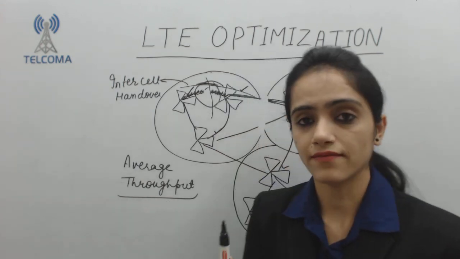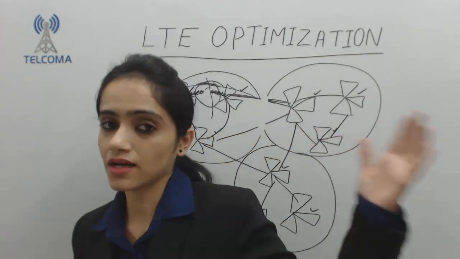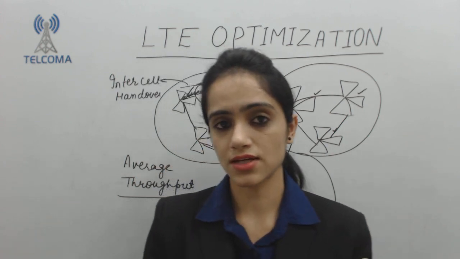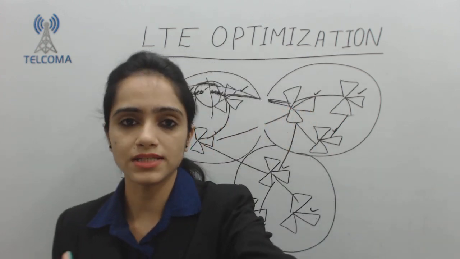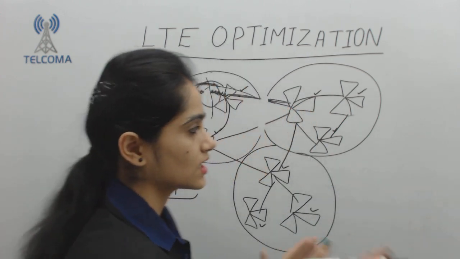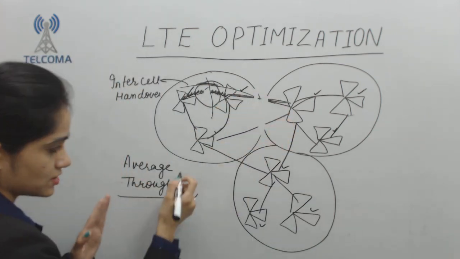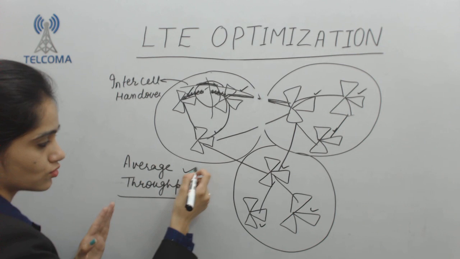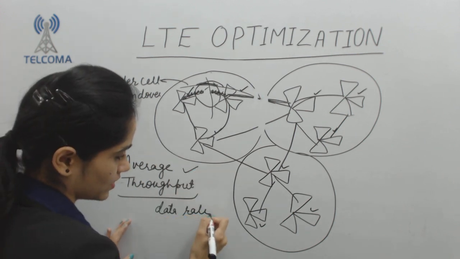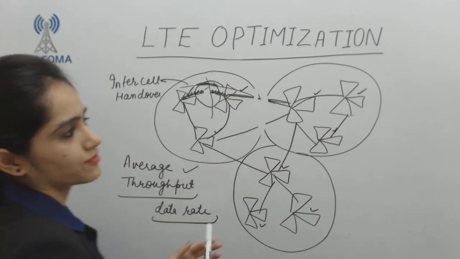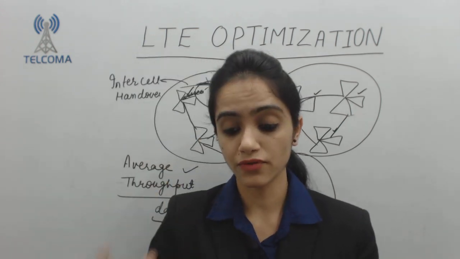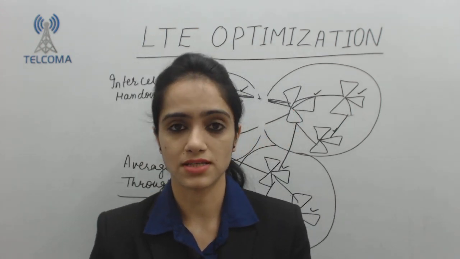But whenever we have mobility, that means we have a handover, so it is required that your data session should be maintained. So where you have a data drop, what is the average throughput data rate we are receiving? These are the values which we are going to find out in cluster level optimization.